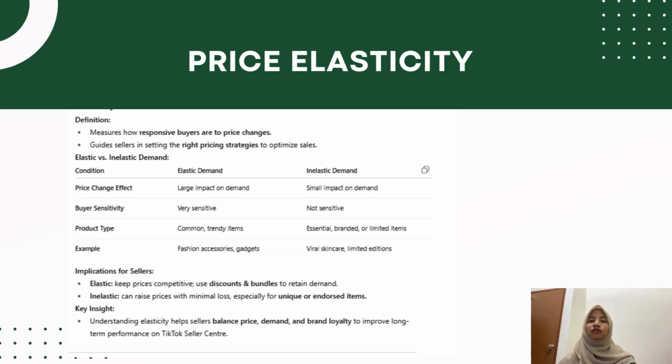Price elasticity helps sellers decide the right pricing strategy. Like I said earlier, connecting with the demand and supply. TikTok itself can, of course, advise them on how to release a new product, and advise them with TikTok analytics itself, on customer behavior and business decisions on TikTok Seller Center.